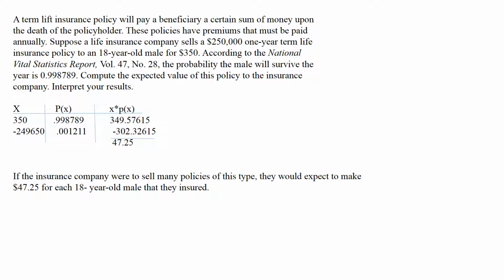From this you get 349.57615 and negative 302.32615. If you add, the mean is $47.25. If the insurance company were to sell many policies of this type, they would expect to make $47.25 for each 18-year-old male that they insured.